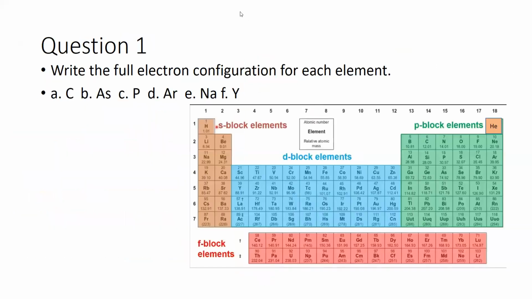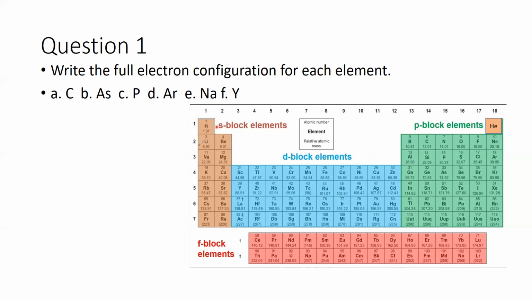So we're going to start with learning how to write the electron configuration of elements by using the periodic table. Let's start with carbon. What we can see first off is that somebody has color coded this periodic table to tell you which orbital goes with which part of the periodic table.